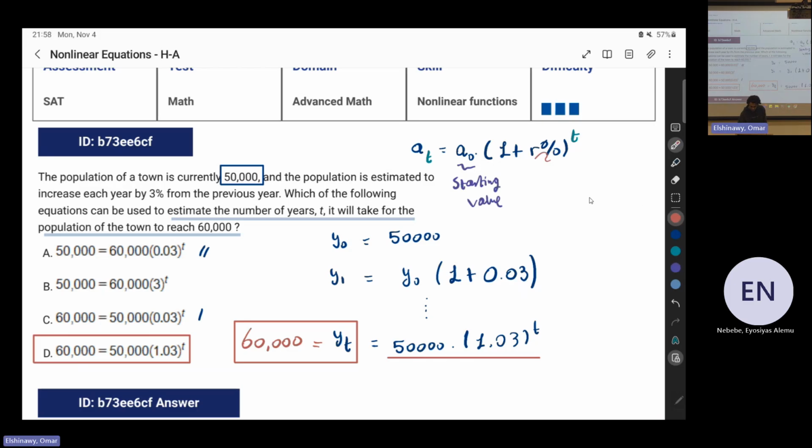This is the starting value. This is the growth or decay. R can be negative. So I could have a problem where something is decaying very quickly. Let's say a tree is falling down by 50% each fall.